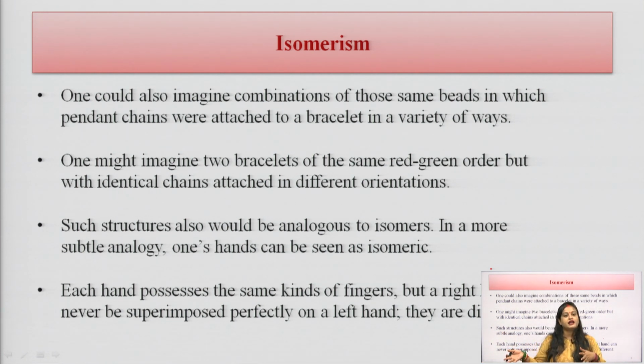So one might imagine two bracelets of the same red-green order but with identical chains attached in different orientations. Such structures would also be analogous to isomers.